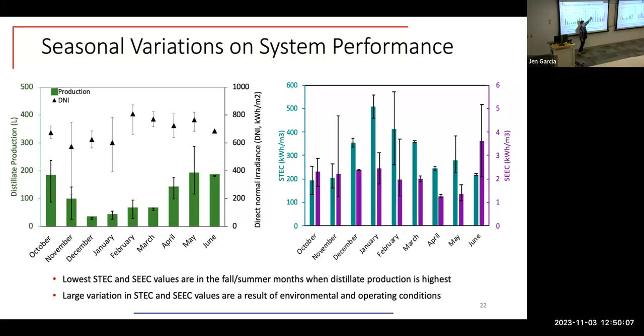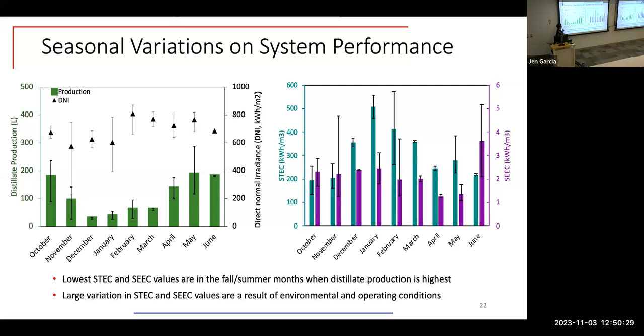So we have a higher specific thermal energy and specific electrical energy consumption during those months. The reason we have such a large variation per month is because we've been messing around with different operational parameters. And so that gives us a large distribution in performance.